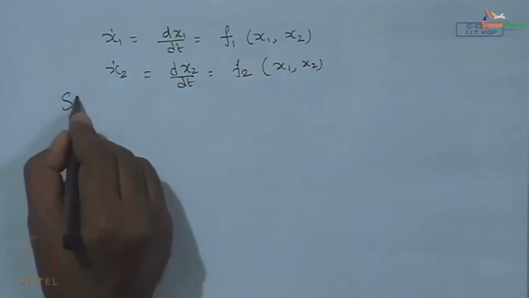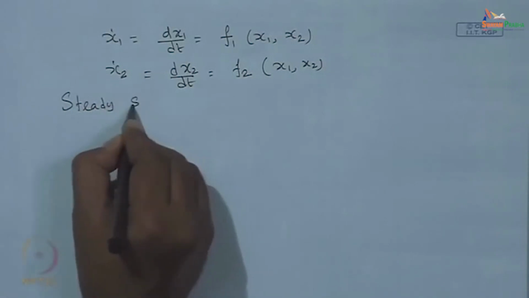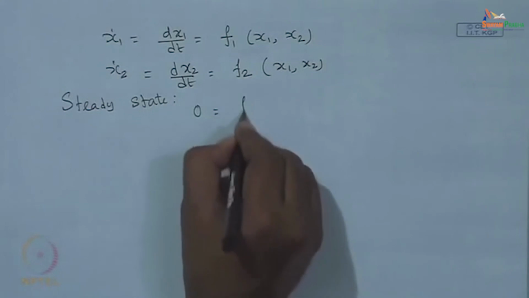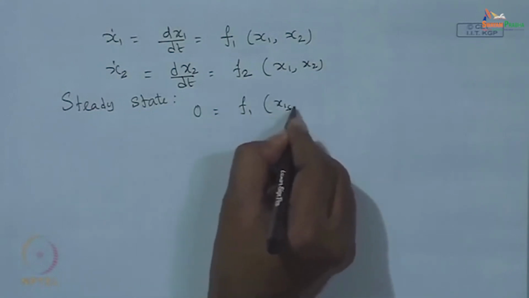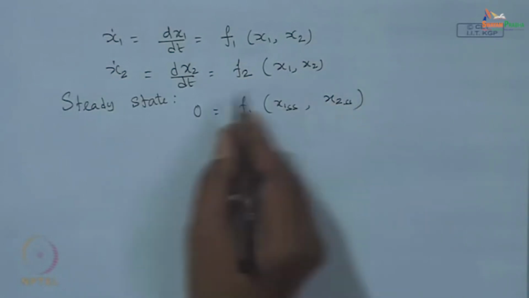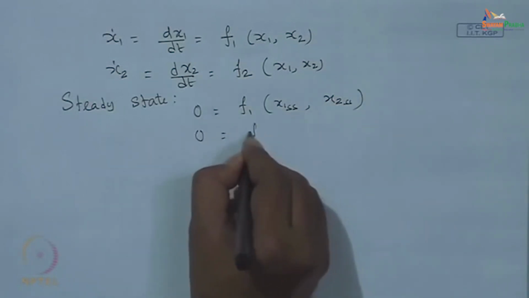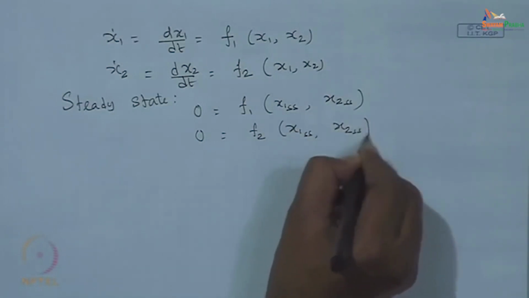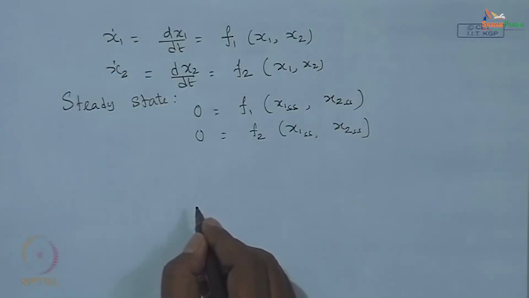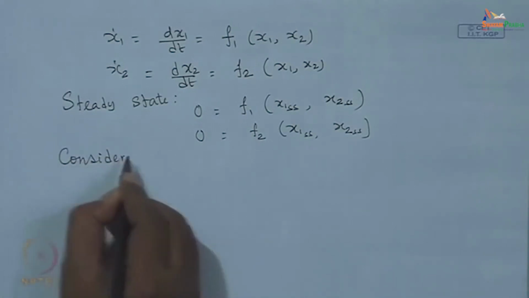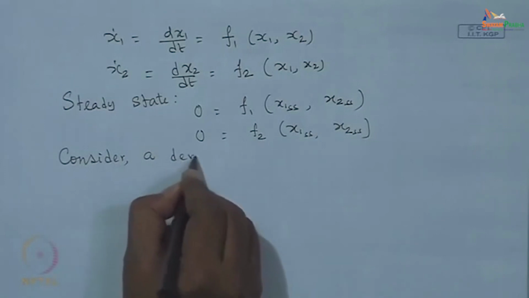Now, let us look into the steady state solution of these two equations. The steady states are 0 equals f1 of x1ss, x2ss, where ss stands for steady state, and 0 equals f2 of x1ss and x2ss. Now, let us consider a deviation about the steady state.